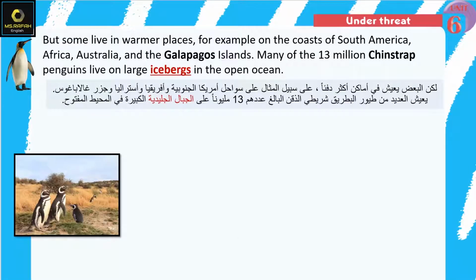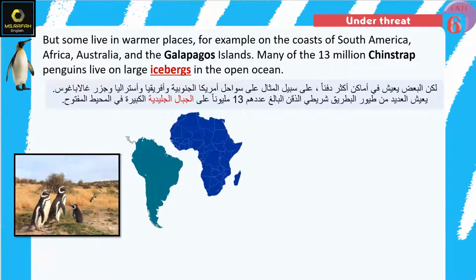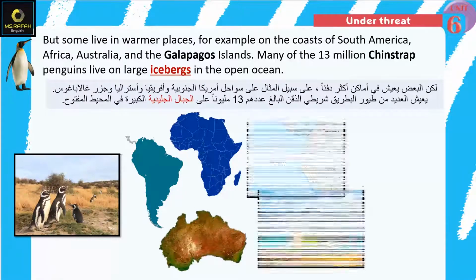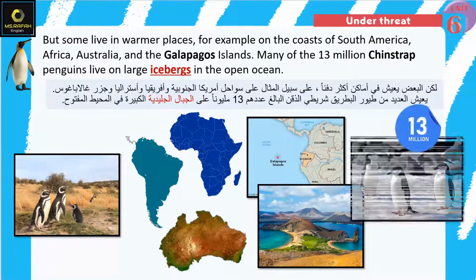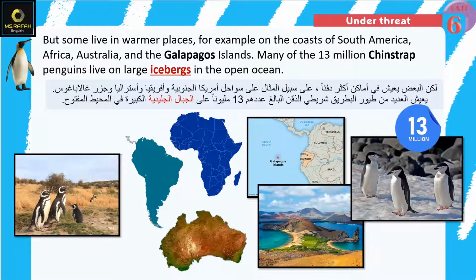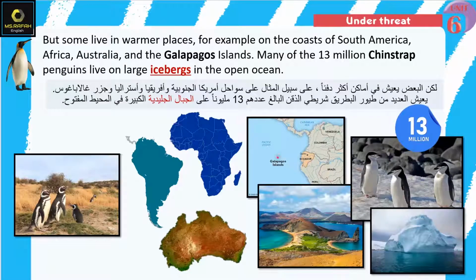But some live in warmer places, for example on the coasts of South America, Africa, Australia, and the Galapagos Islands. Many of the 13 million chinstrap penguins live on large icebergs in the open ocean.